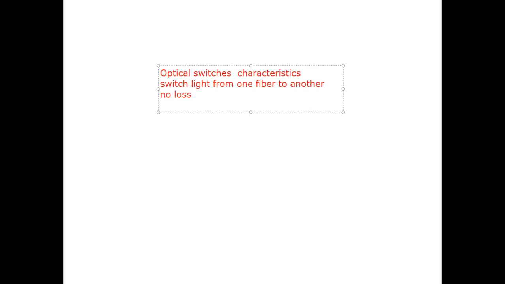The switch itself should cause no loss, or if the signal is propagating through the switch, it should have no loss. No loss of signal. Okay. So if I combine both, when switching light from one fiber to another, in between I have a switch, there should be no loss of signal.